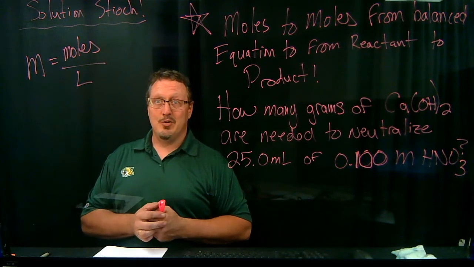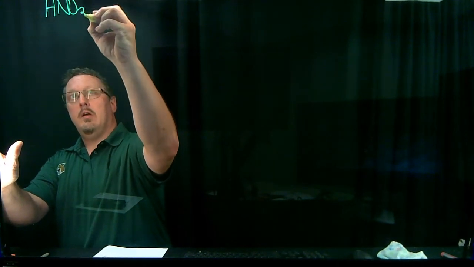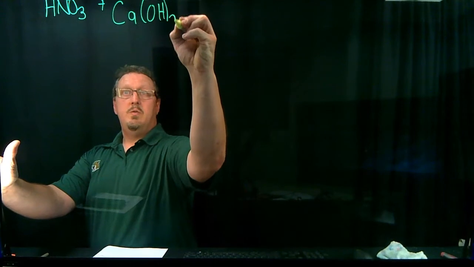So, let's get a chemical equation, and we'll get our relevant variables, and we'll start the math and make sure that we figure out what's going on. Here's our chemical equation. We have nitric acid, HNO3, plus calcium hydroxide, Ca(OH)2.